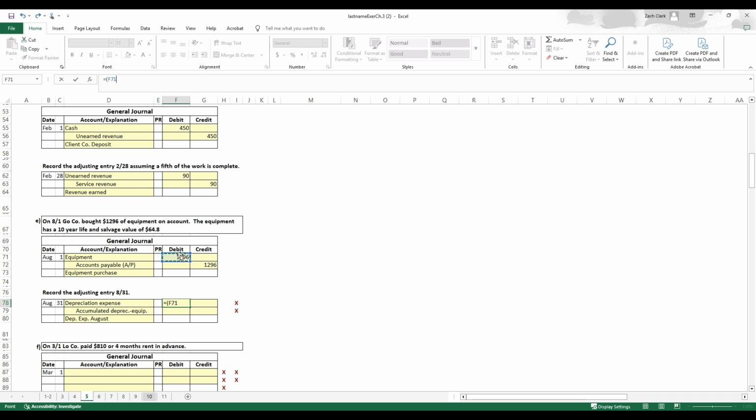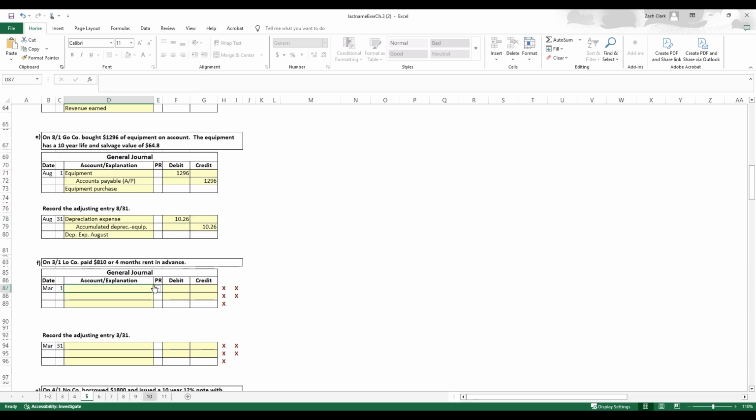So we're going to say 1296, but there's one little wrinkle. We take historical cost, and if it has a salvage value or residual value, then we subtract that. So we take our original cost, 1296 minus 64.8, and then divide by 120 months. So that's what the formula here shows.